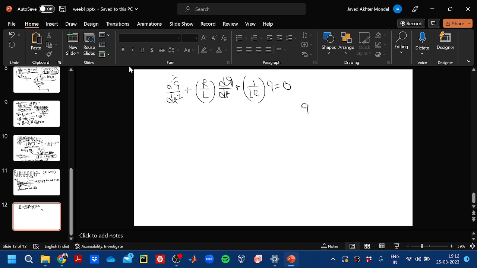Here q has the dimension of charge. So if we divide it by a charge value, which is a constant value of charge, then this is dimensionless, and we can write this as capital Q. So we can write q as Q into Q0. In a similar manner, here we have two variables, one is q and one is t.